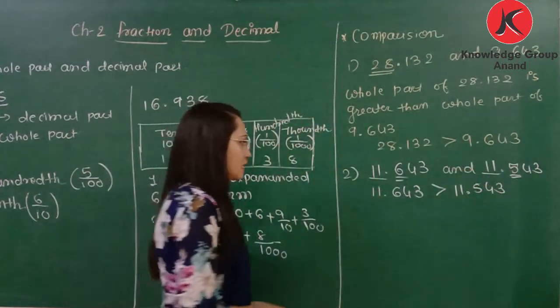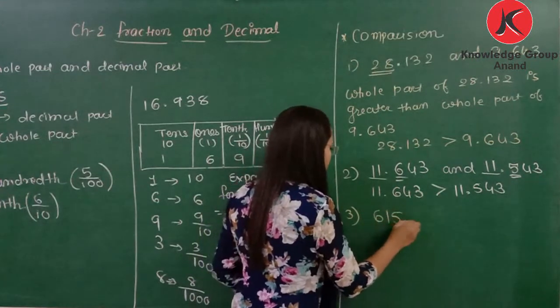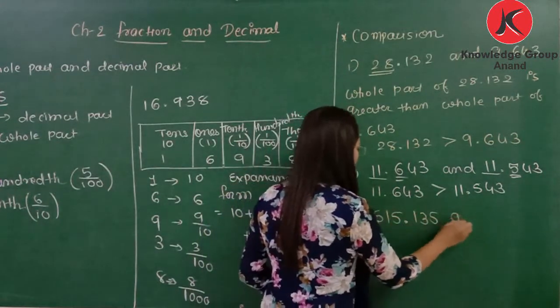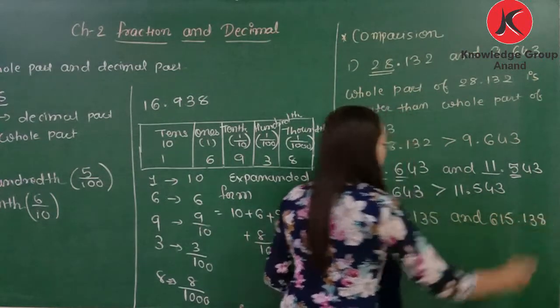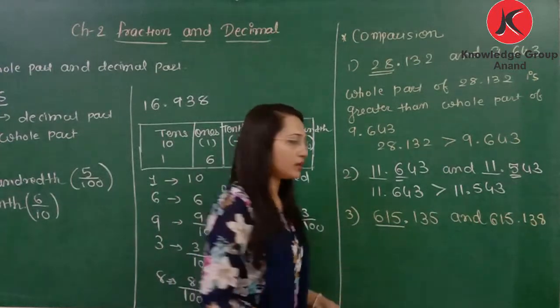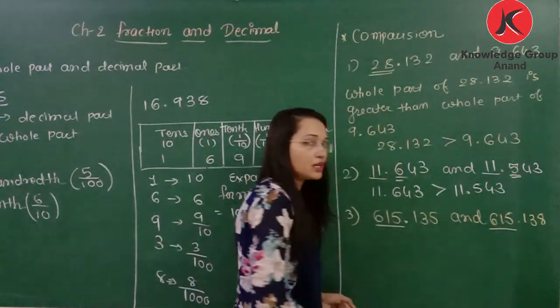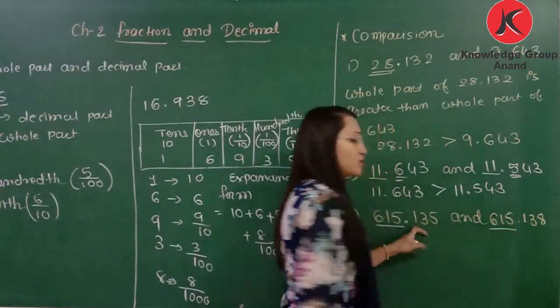Okay, now let's take one more example. Here you can see the whole part is 615 and here it is also 615. Now compare the 10th part, that is 1 here, and the 10th part is also 1 here.